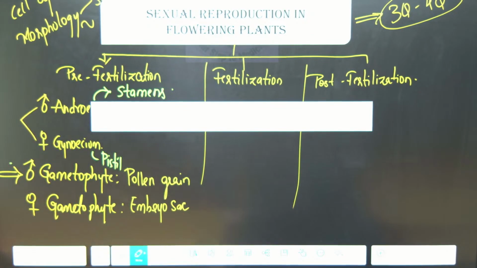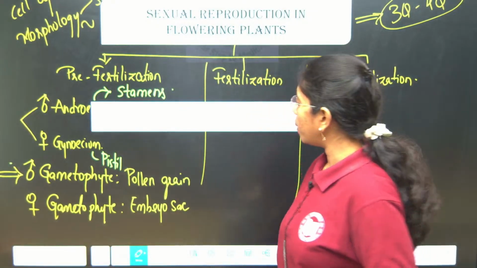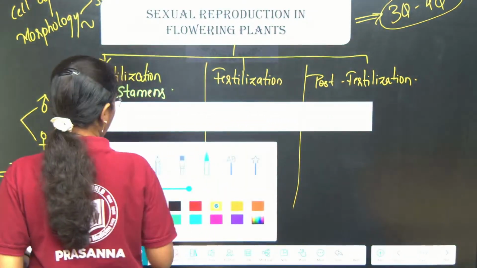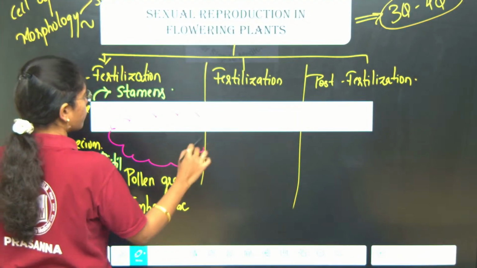Fine, male and female gametophyte clear? Okay. So about male and female gametophyte, after which you will learn major concepts. Those are microsporogenesis and megasporogenesis.